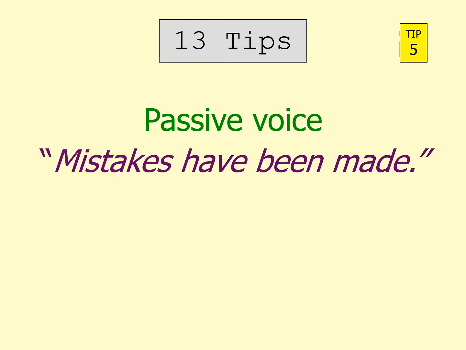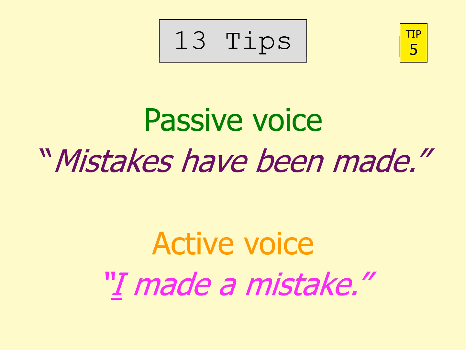Here's a non-philosophical passive and active voice example that you're probably familiar with. Passive voice: mistakes have been made. Active voice: I made a mistake. If one of two people said one of these and the other person said the other, who would you be more likely to trust?